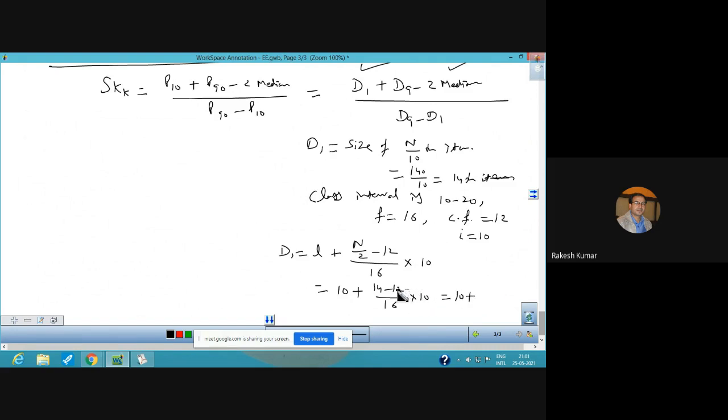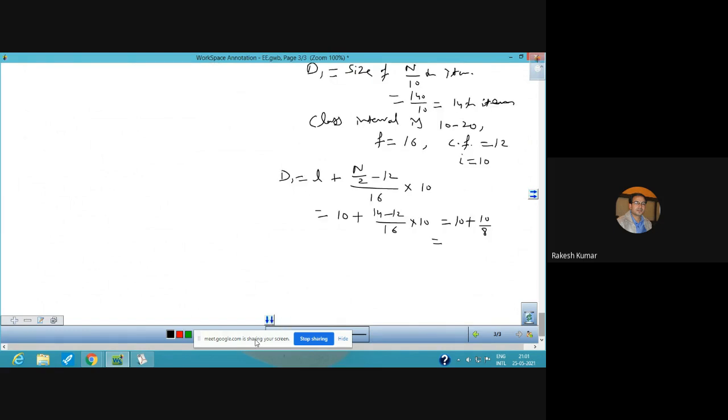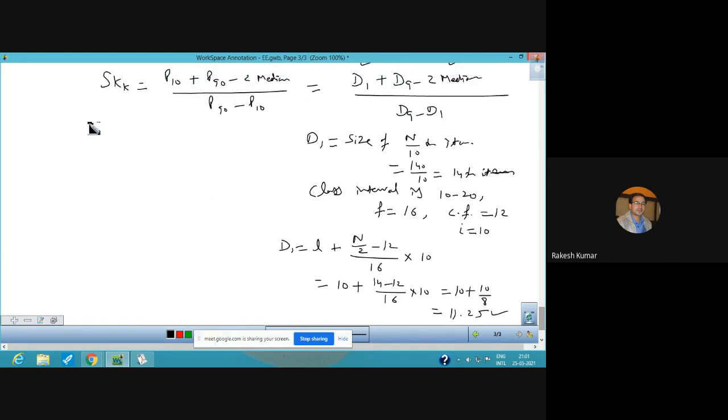So 10 plus 20 upon 16, that comes out to be 10 upon 8. 10 divided by 8 will give you 1.25. So 11.25 is the first decile, and in a similar manner we can calculate the ninth decile.